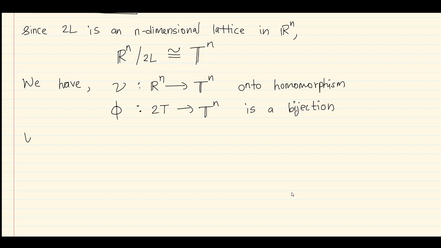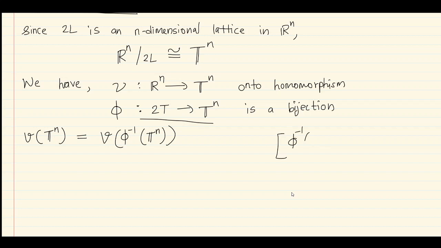Now we will see what the volume of T^n, the n-dimensional torus, is. To find the volume of T^n, by the definition, we have to find the volume of its inverse image, so it is the volume of phi inverse of T^n. Since phi is a bijection, phi inverse of T^n will be 2T.